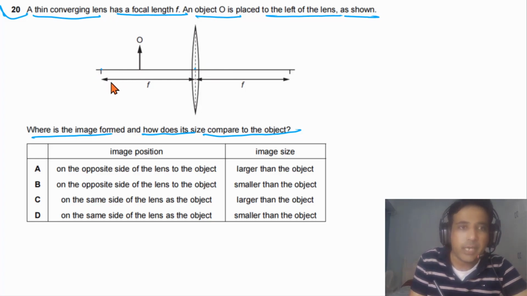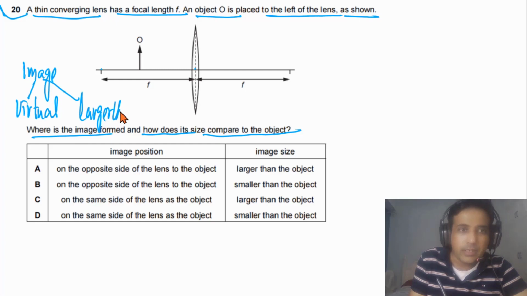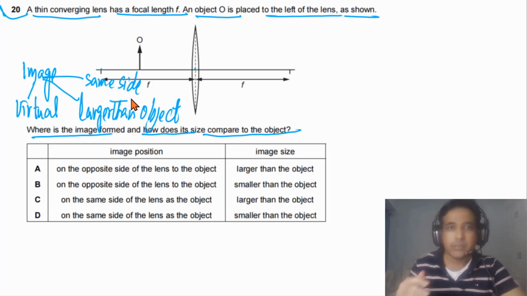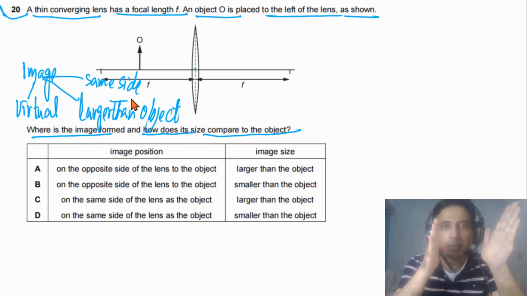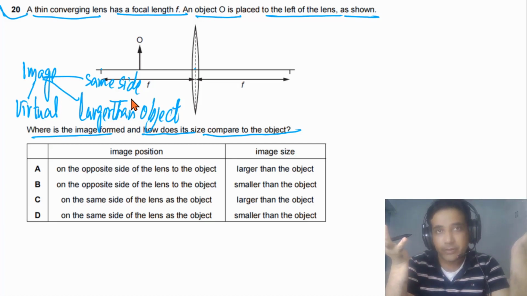So the image has to be virtual, larger than the size of the object, and also on the same side as the object. So these properties you need to understand. If you understand these properties, when the object is placed between the lens and the focal length, then simply we can find the answer.